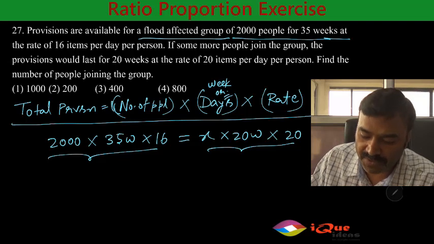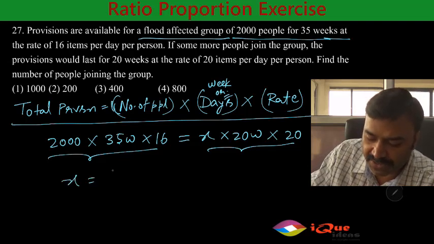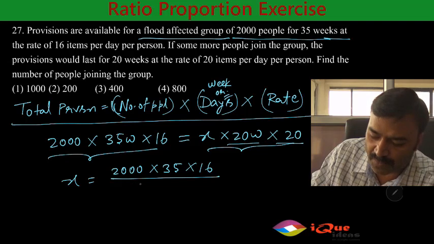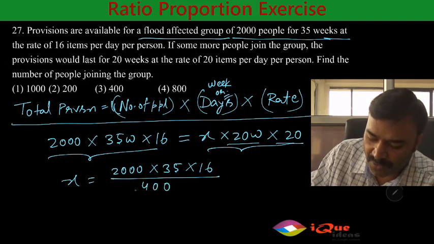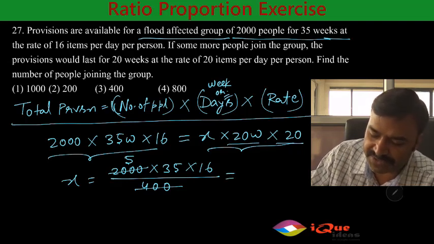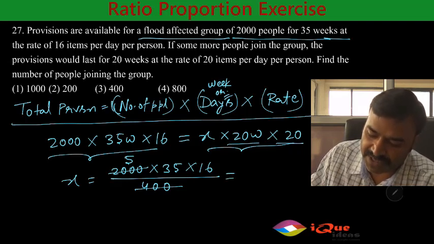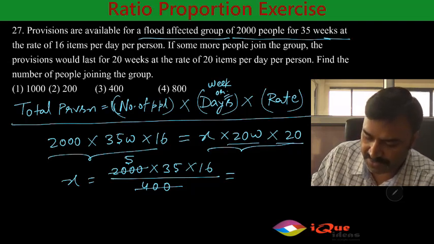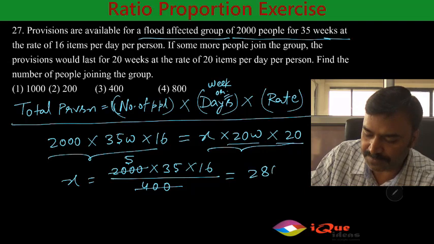Alright. So from here we can get the value of X as 2000 into 35 into 16 divided by 20 into 20, which is 400. Now 400 cancels 2000 simply 5 times. 5 into 16 is 80. You can multiply this: 80 into 35 is 2800.